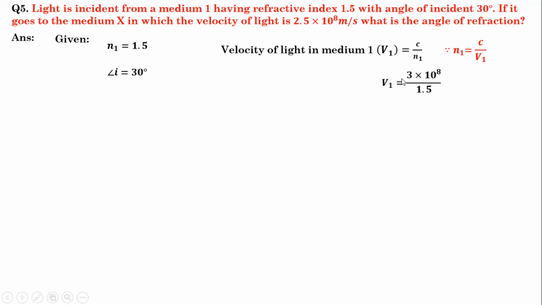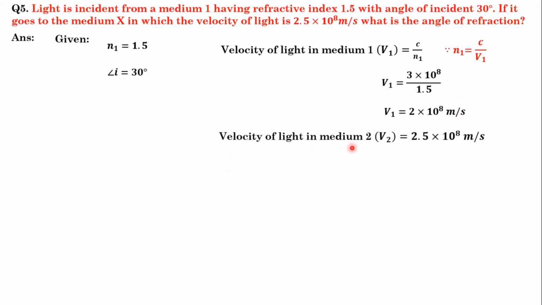So from here v1 is c by n1, which is 3 into 10 to the power 8 divided by 1.5. The value of this is 2 into 10 to the power 8 meter per second, meaning the velocity of light in medium 1 is 2 into 10 to the power 8 meter per second.